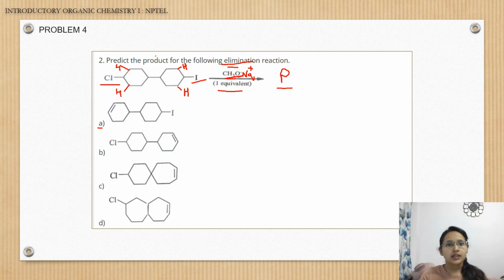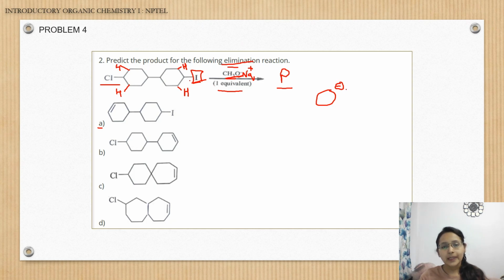Okay. So here, iodine is a good leaving group. Why? Because the iodide ion is very large. While carrying the negative charge with it, according to Fajan's rule, what will happen? The bigger the anion, the more it will stabilize the negative charge. That is why iodine is acting as a good leaving group.